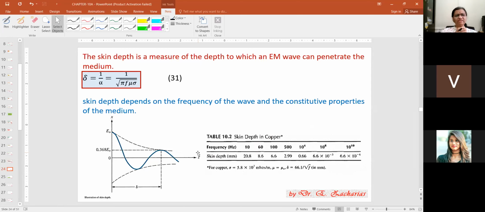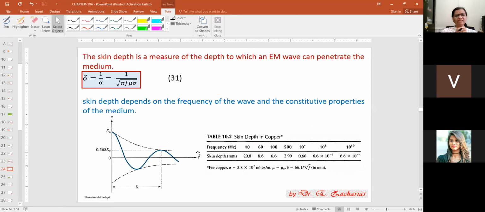Now, keeping this in mind, here is a picture of a rectangular block. Let the length be L, and let W be the width. If I pass a current, the current can be confined to only the area W into delta.